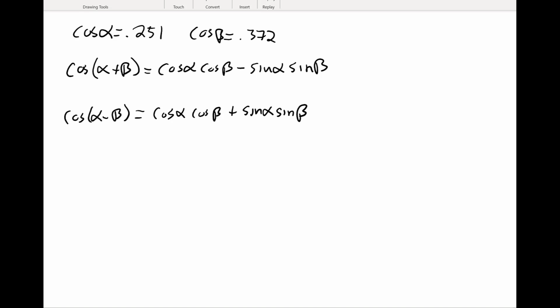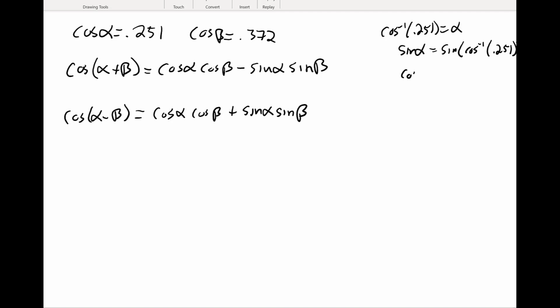angles. So you could then just go with cosine inverse of 0.251 equals alpha. Then sine of alpha is sine of cosine inverse of 0.251, and we'll get that answer.